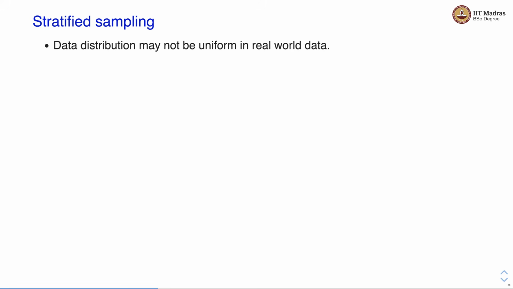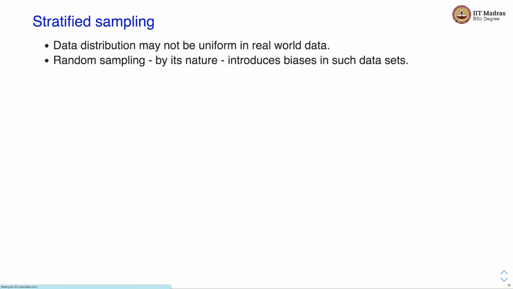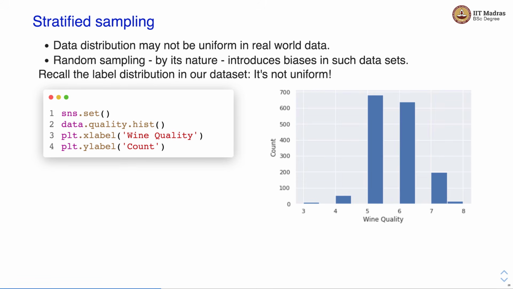Whenever the data distribution is not uniform, we use what is called stratified sampling. Random sampling introduces biases in non-uniform datasets. In our wine quality dataset, the label distribution is not uniform. The labels of type 5 and 6 are far more represented than the other types of label.